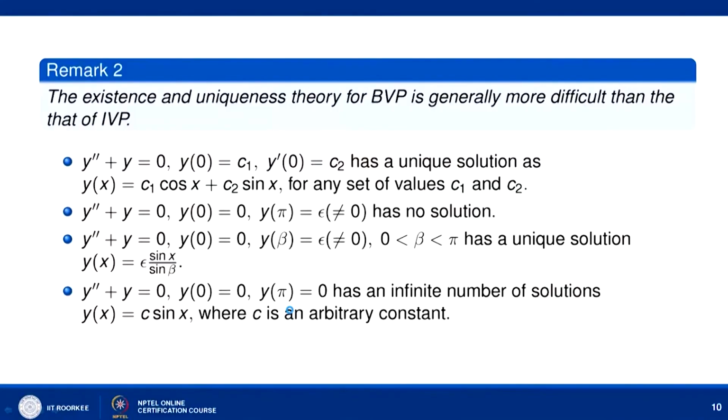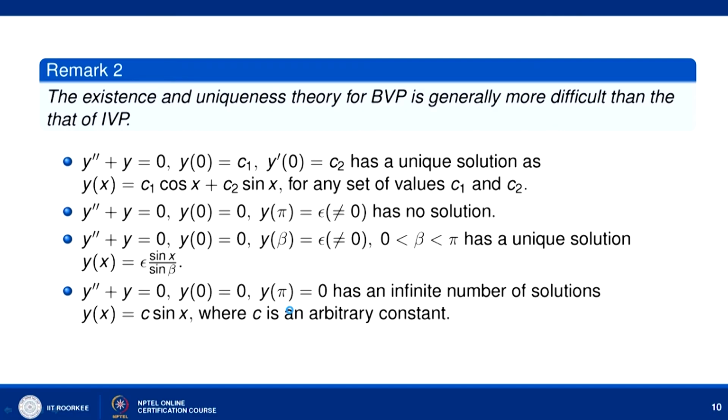First, let us take the simple example y double dash plus y equal to 0, with the initial conditions y(0) equal to c1 and y dash(0) equal to c2. This is a simple initial value problem, and we know the solution is given as y(x) equal to c1 cos x plus c2 sin x. You can take any c1, c2 and get your solution in a very nice way.